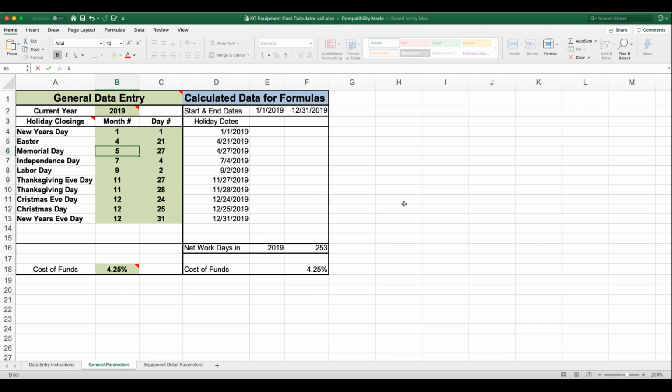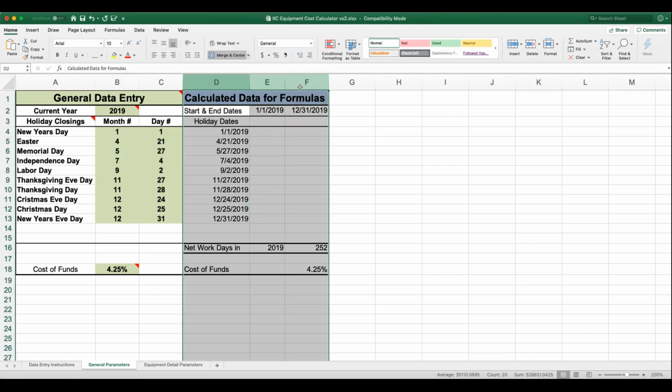Then these columns here will eventually be hidden, so you can't see them. And what this, I'm using a new function in Excel that I had not been aware of before.